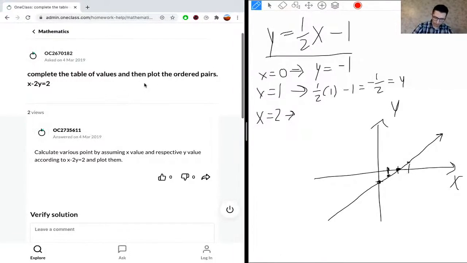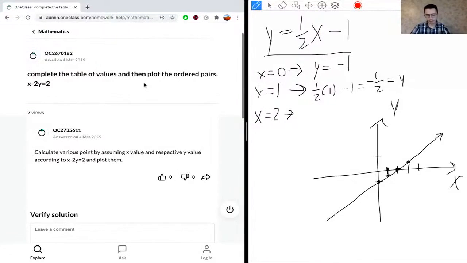Then the next point at 4: we substitute 4 into x, we get 2, and 2 minus 1 gives us 1, so we know the next point is on here. And we know that our calculations are correct. So that's how to plot the function on the xy coordinates.